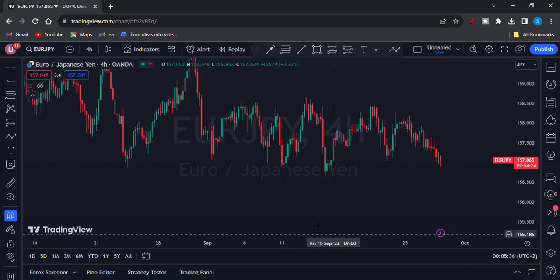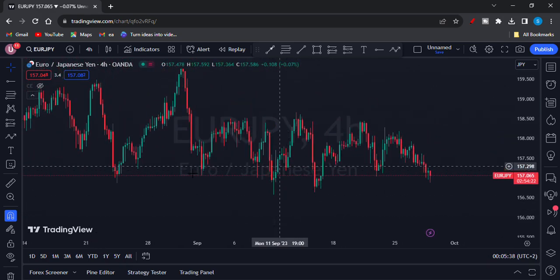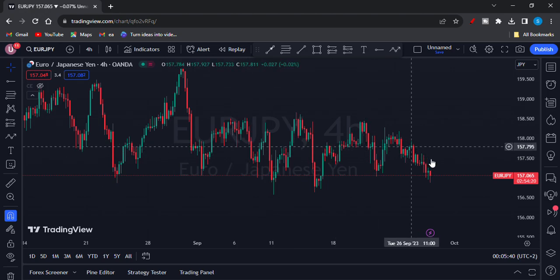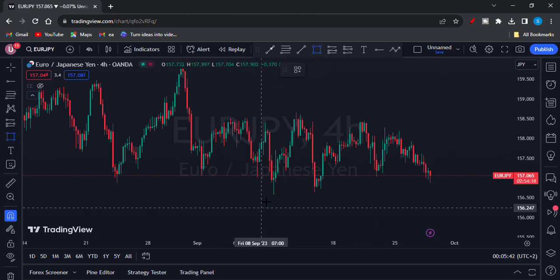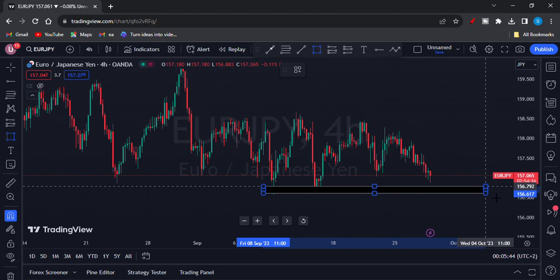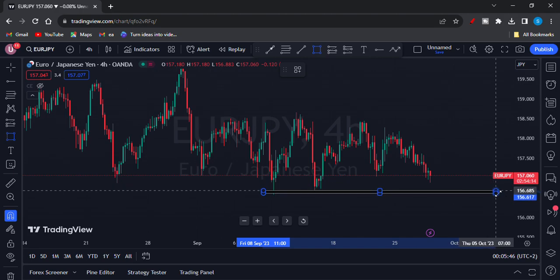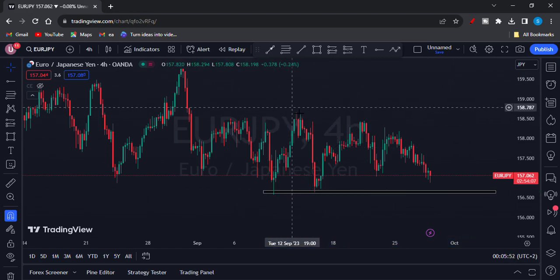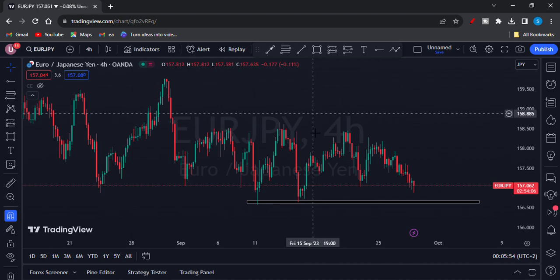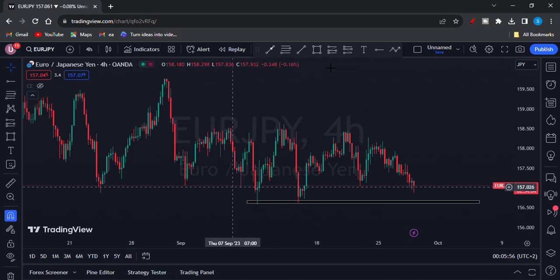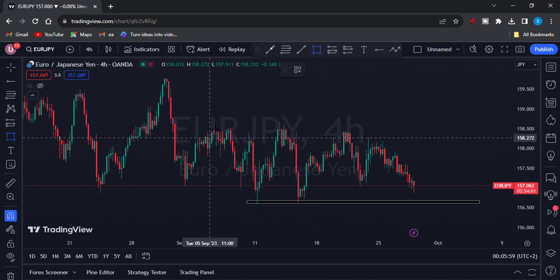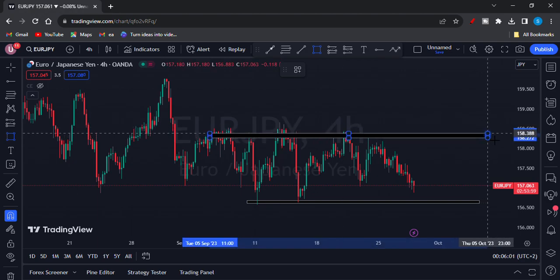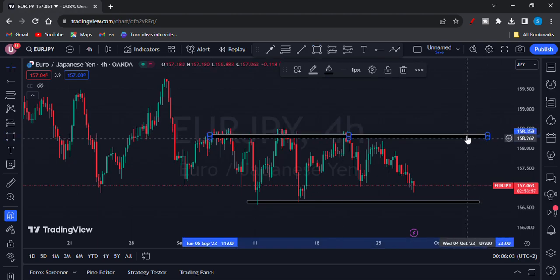Okay, so on a 4-hour, currently we're playing around these areas right here. So let's find our zones. What I'm seeing currently is this support area right here, and then I'm seeing this resistance area right there.